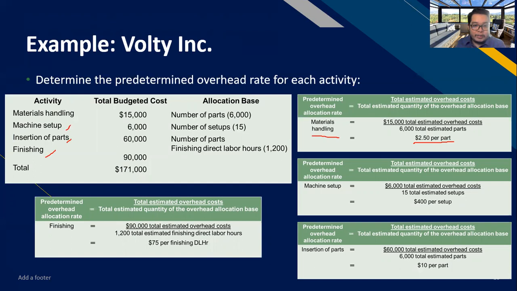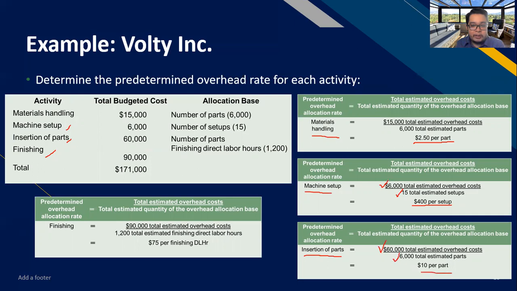Okay? So for machine setup, the budgeted cost for the year is 6,000. Okay? And the budgeted number of setups for the year is 15. And therefore, the predetermined overhead rate for that activity is $400 per setup. Okay? For insertion of parts, the total cost is 60,000 and they are using 6,000 parts.